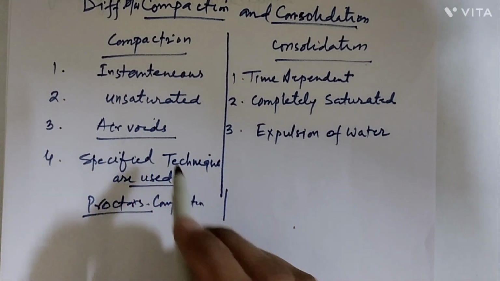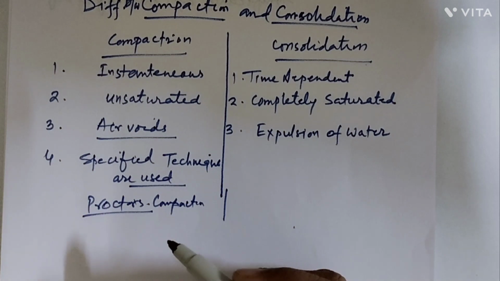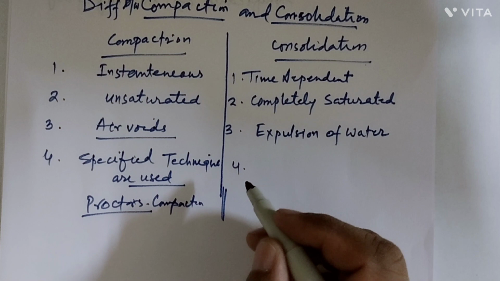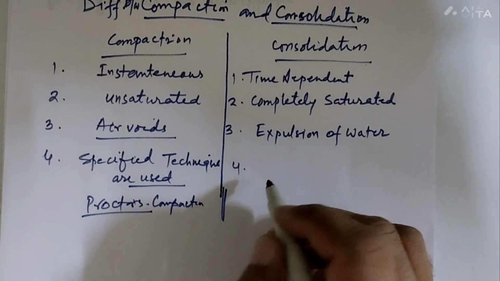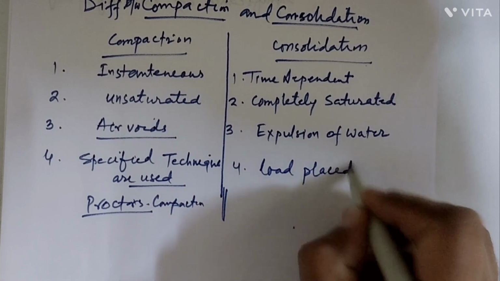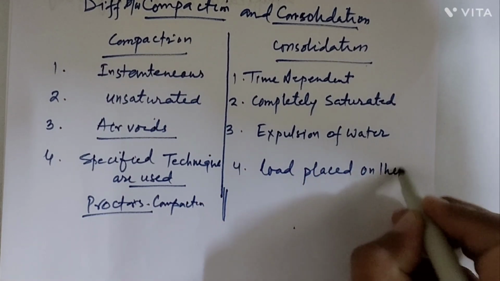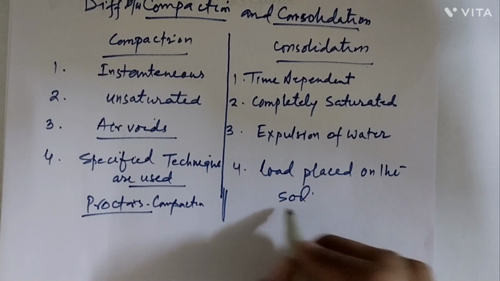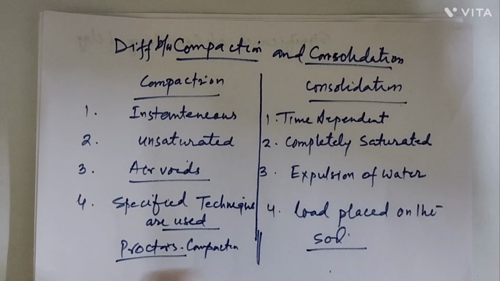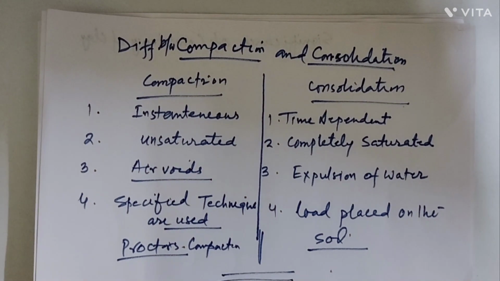All these methods are used for compaction. But consolidation occurs on account of load placed on the soil. So these are the basic differences between compaction and consolidation. They sound similar, but these are the basic differences.